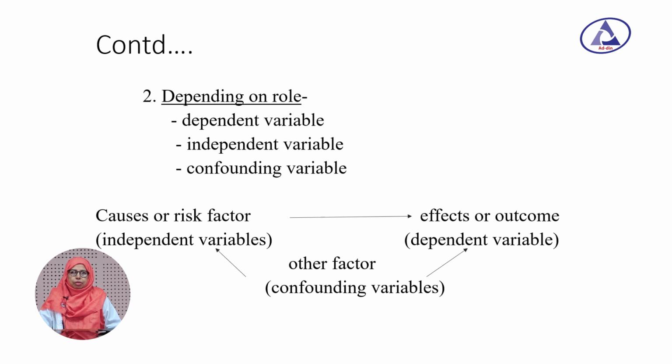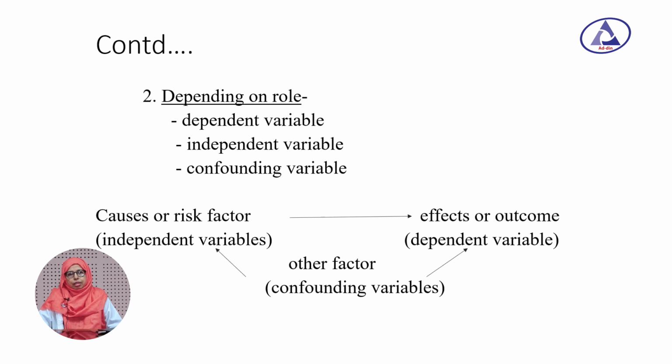Now, depending on role, we can classify variables into dependent variable, independent variable, and confounding variable. Dependent variables are those used to describe the problem under study, and are usually influenced by the independent variable.